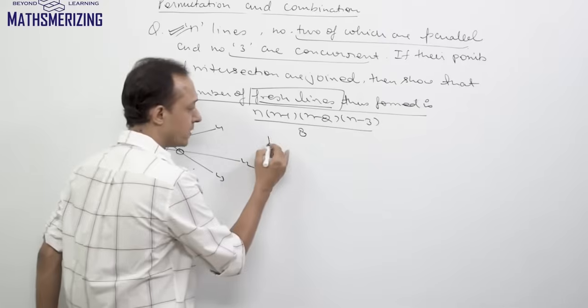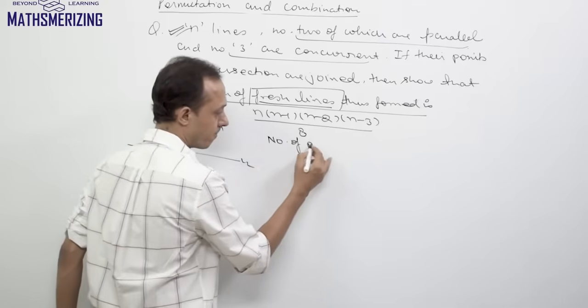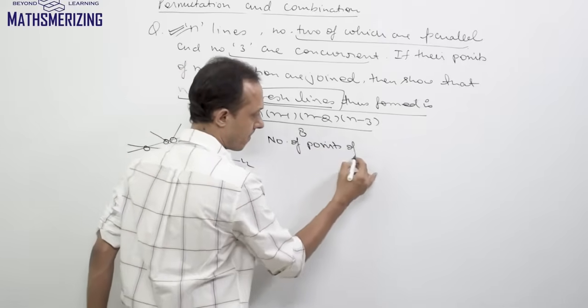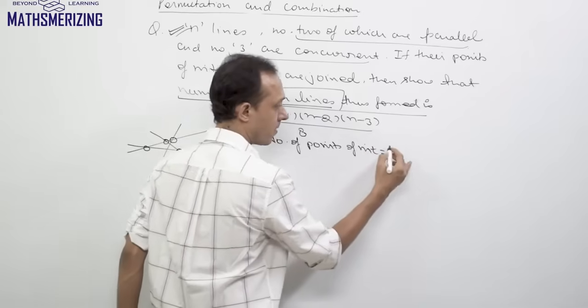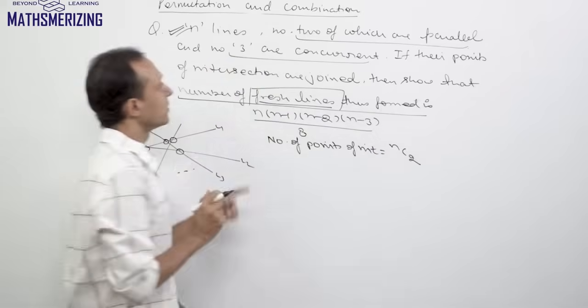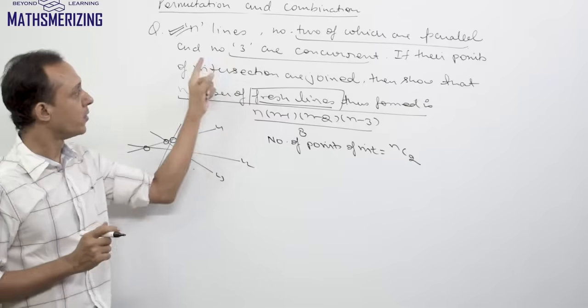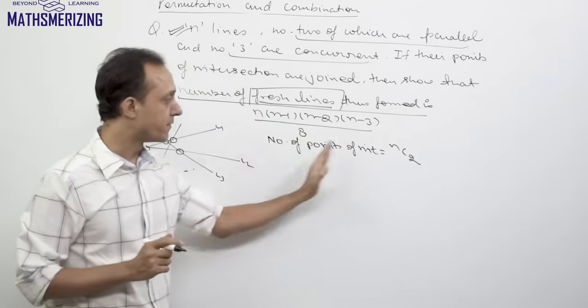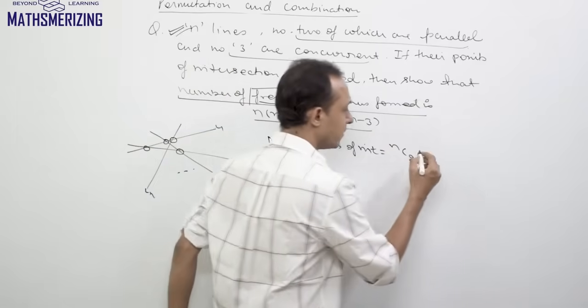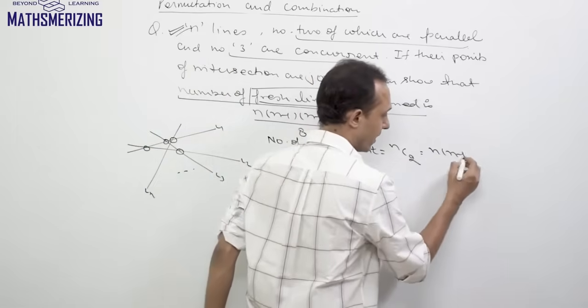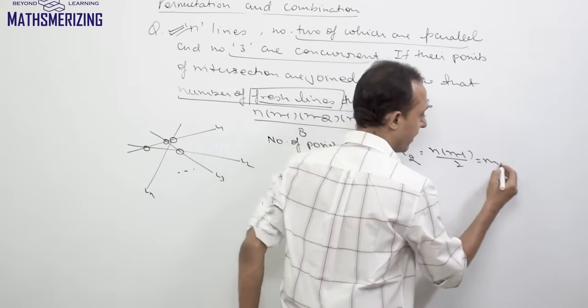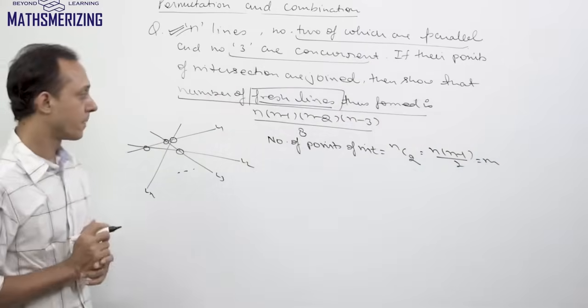So the number of points of intersection will be nC2, because no 2 lines are parallel and no 3 of them are concurrent. So the number of points of intersection will be simply nC2, which is n(n minus 1)/2. I'll say, suppose this is m.